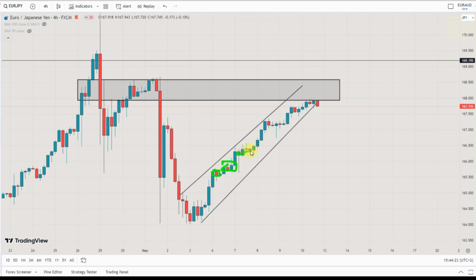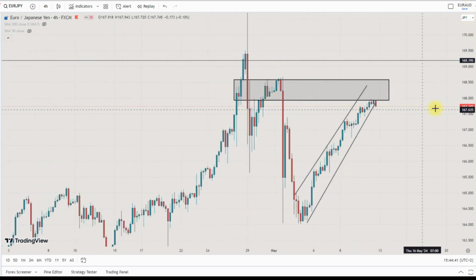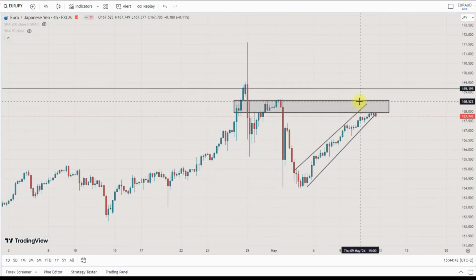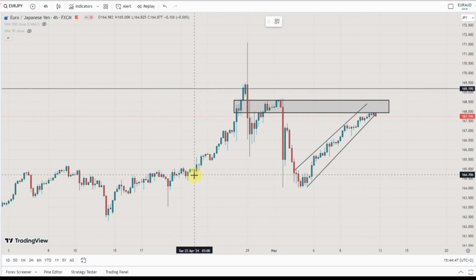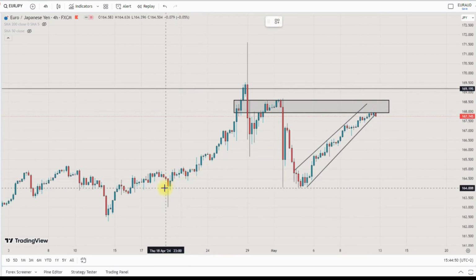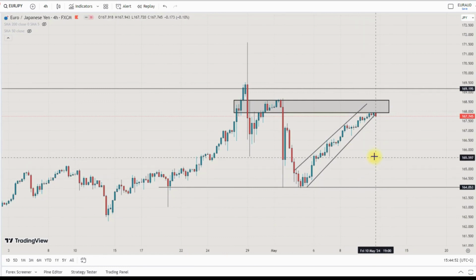As you can see, they are just fighting their way up, and if sellers want to come in, they might drag the price down with a high momentum candlestick, which will break this, and then we see price going to the downside. So what I'm actually looking at is a sell bias at this particular area, back to the downside, back to this particular area, which is a take profit target.